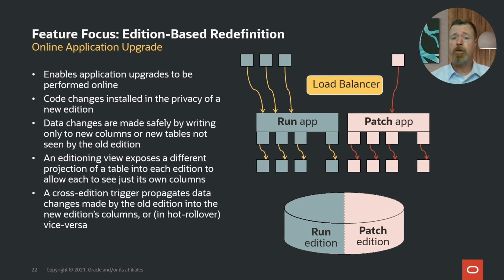You can move users over to the new version of the application. You connect the new clients to the patch application, and you can use it simultaneously with your current version of the app. Eventually, you get comfortable that the patch application is ready for production, you move all the clients over to the patch version, you shut down the older version of the application, and the patch edition becomes your current edition and application.